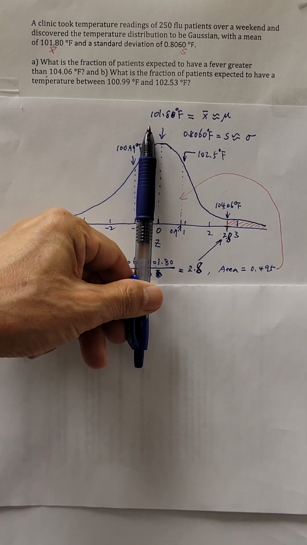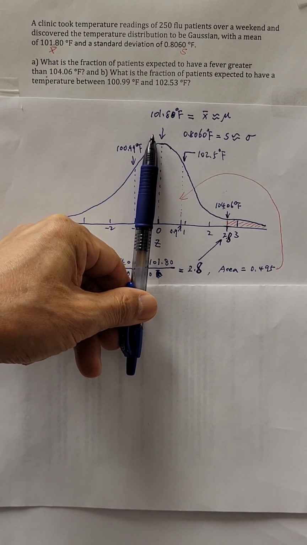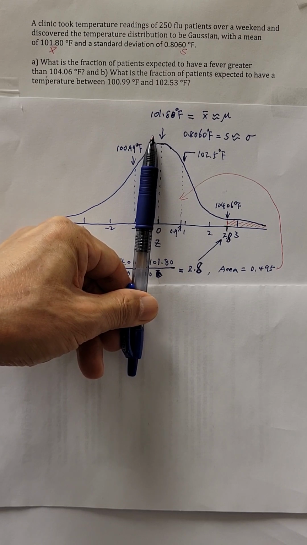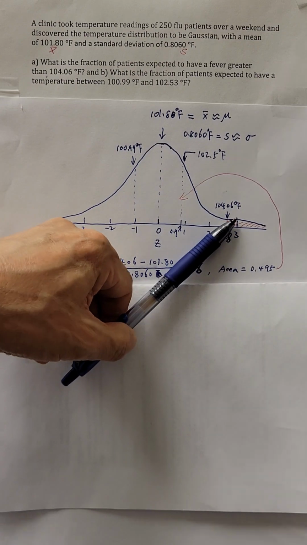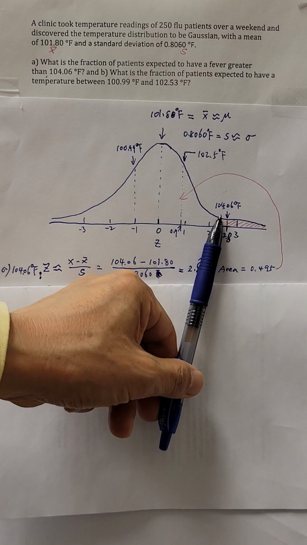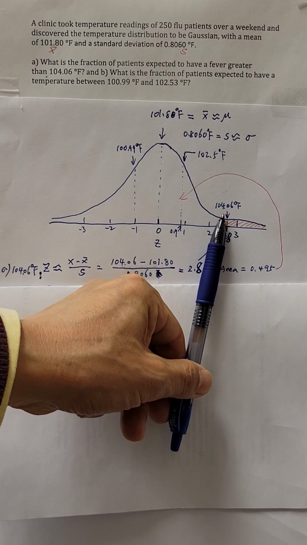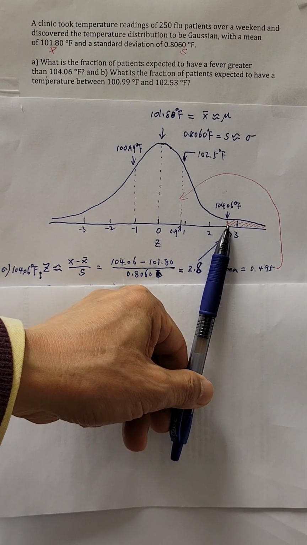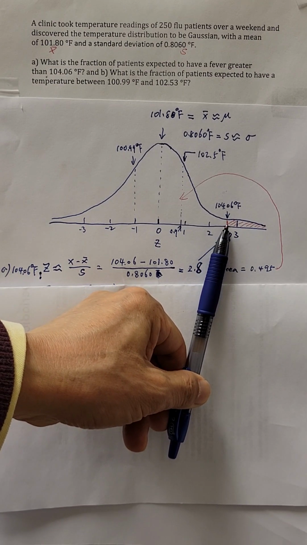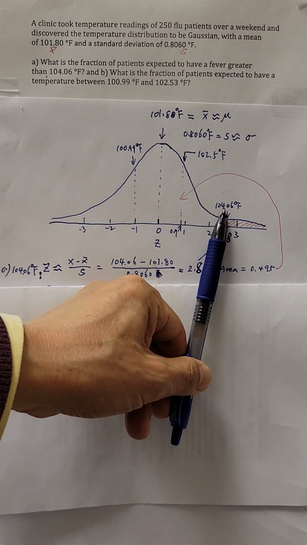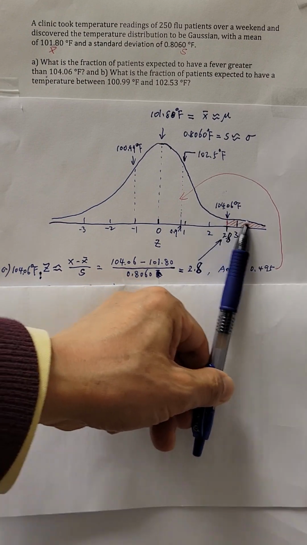And then for the entire half of the Gaussian distribution curve, the area should be 0.5. Now they ask you to find the fraction of patients with a fever greater than 104.06, which means we are talking about this area.